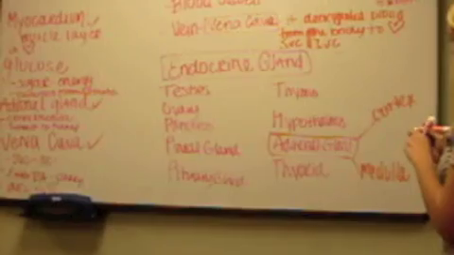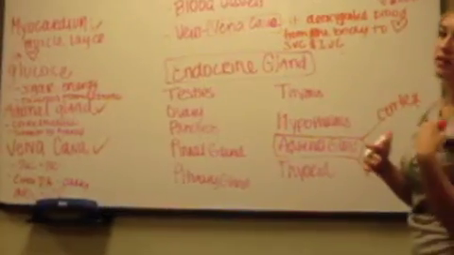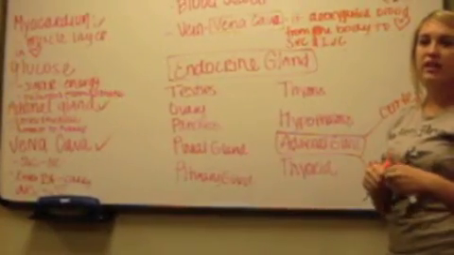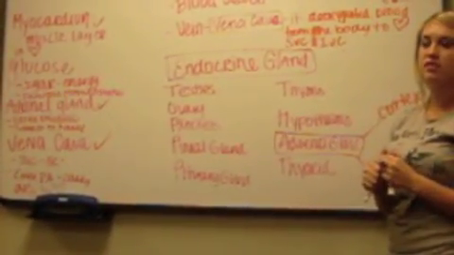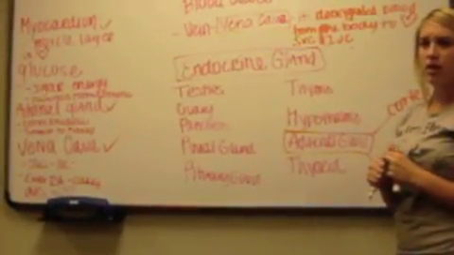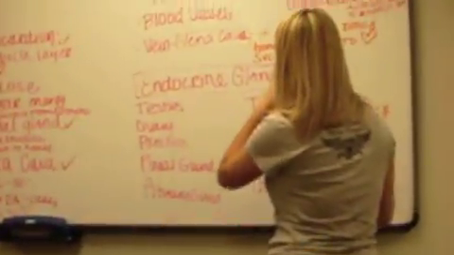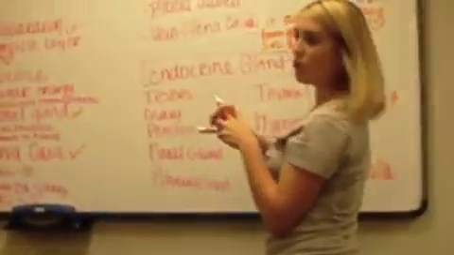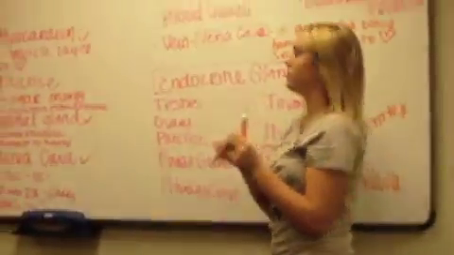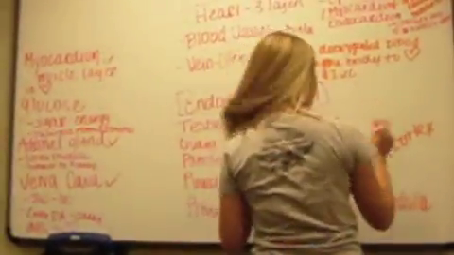And your blood vessel that supplies your adrenal gland is your superior, your subrenal, or is it superior? Suprarenal vein. And that comes off the aorta, which carries oxygenated blood from your heart to your body. One of your major ones.